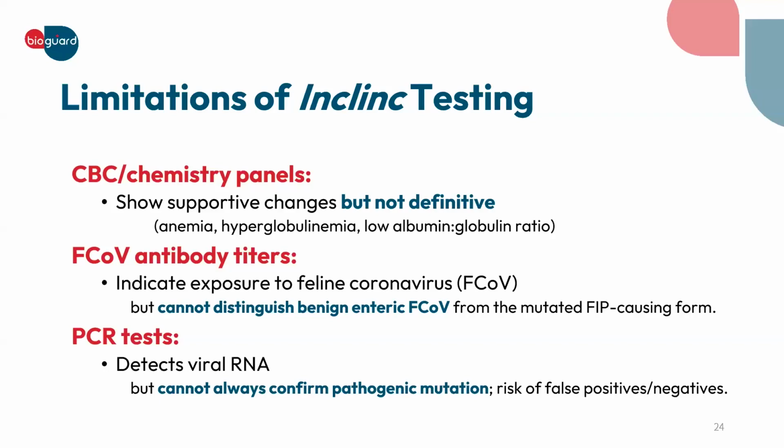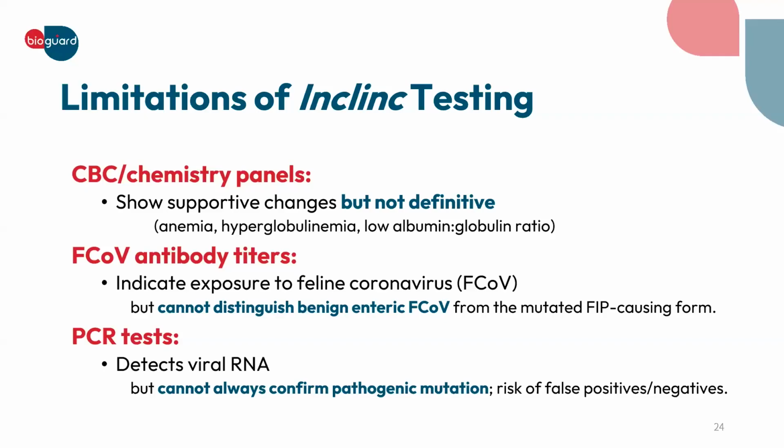Okay, and when we talk about the last method, which a clinic usually picks, it is PCR testing. Of course, it can detect the virus if RT-PCR is performed, not the normal PCR, but it still cannot confirm whether the virus is mutated or not.